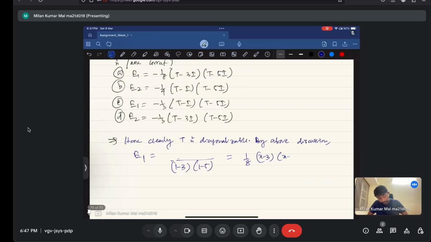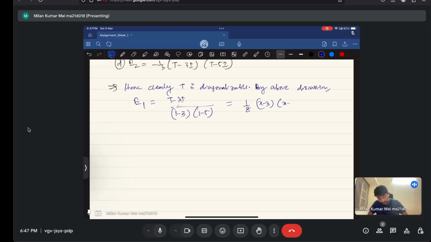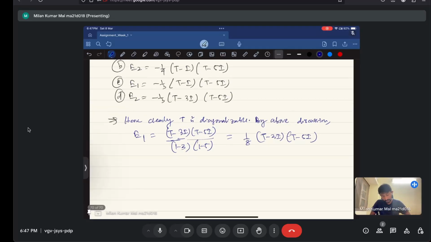Therefore it will be (T minus 3 times identity)(T minus 5 times identity). But this is not the case, so E1 is not satisfying this option.